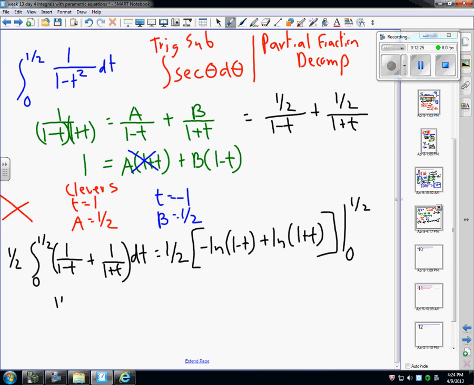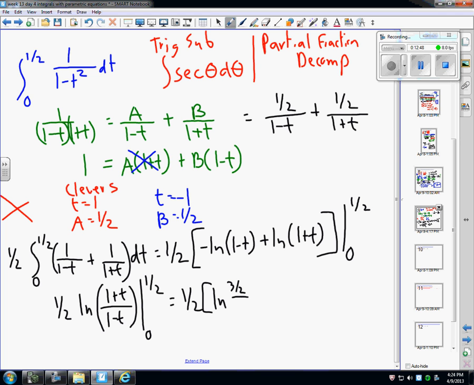Which I'm going to do is 1/2 ln of one big guy, (1 plus t) all over (1 minus t), evaluated from 0 to 1/2. And you can plug in. So I'm going to get 1/2 ln of 1 plus that, so that's going to be 3/2 over 1/2, minus ln of 1, which gives me 1/2 ln of 3.